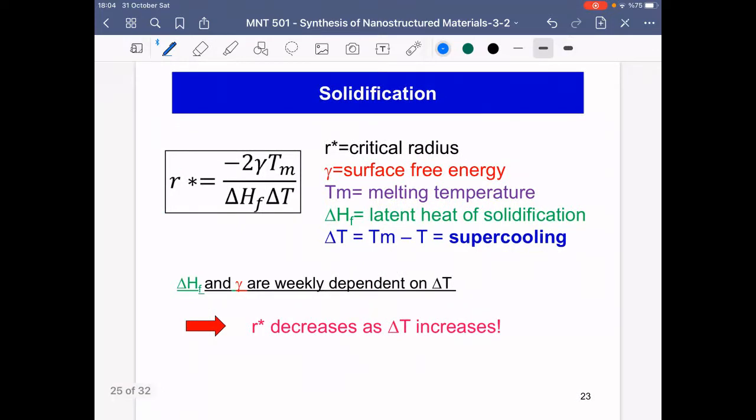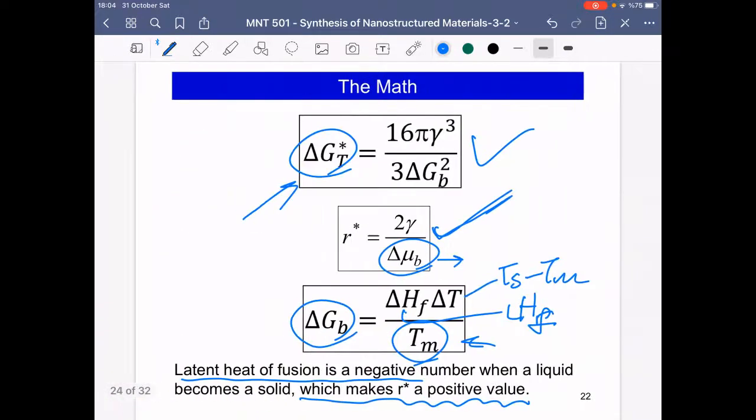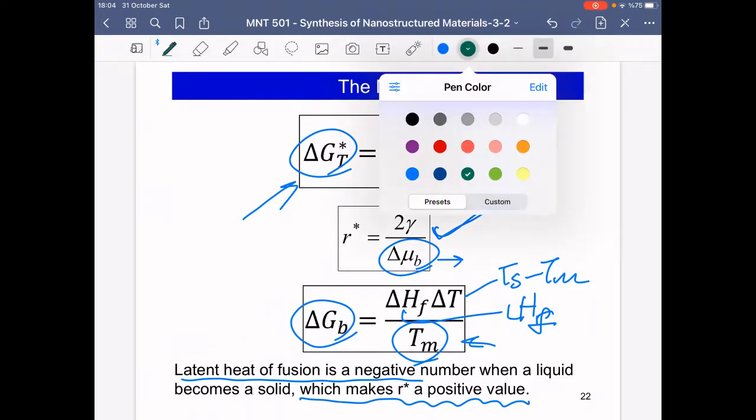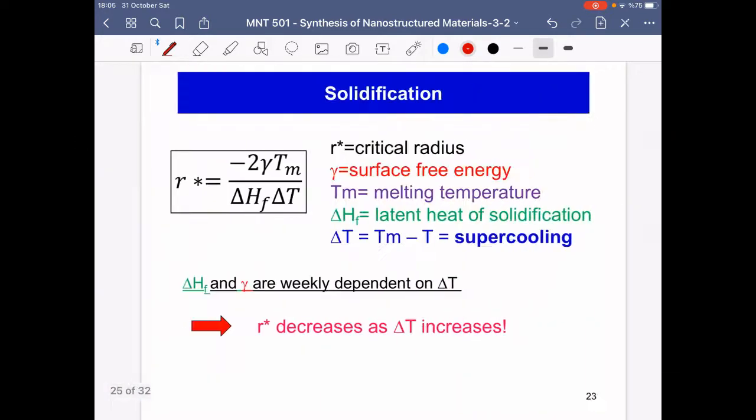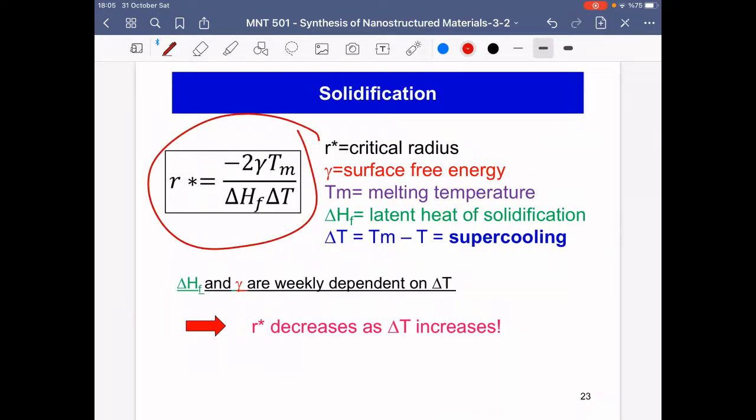And if you plug this into here, because I'm trying to express things with easier and simpler expressions, this is what I will get.